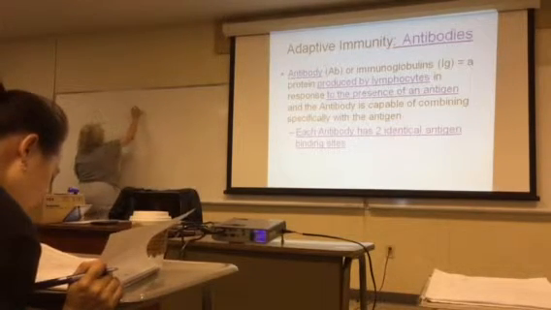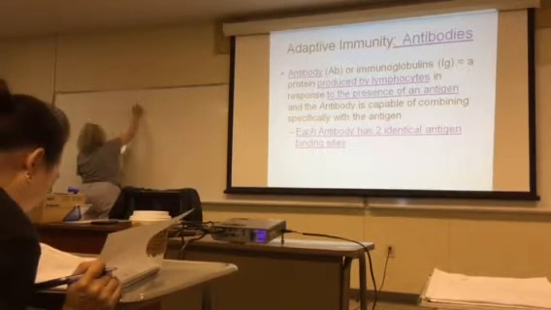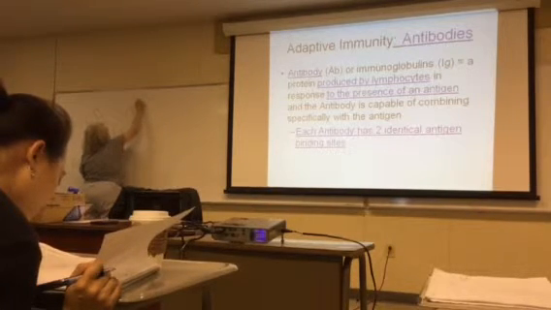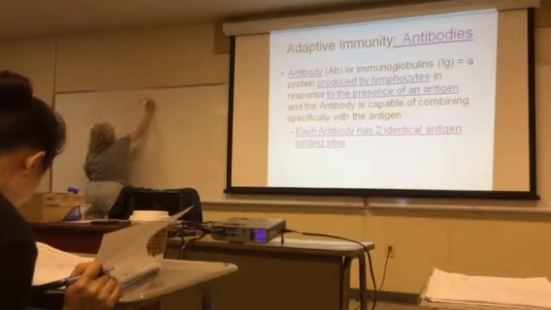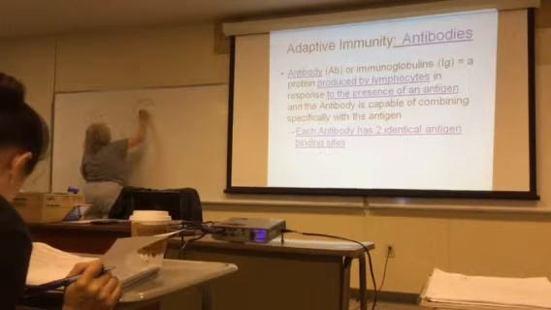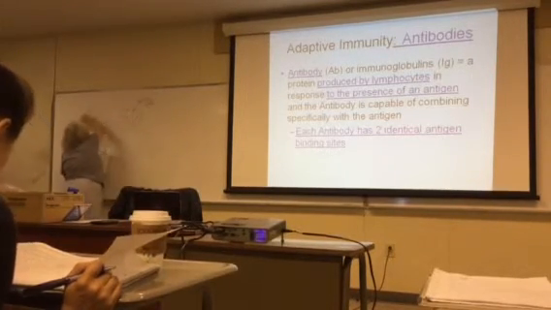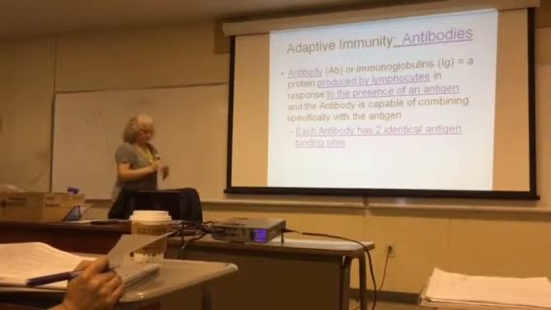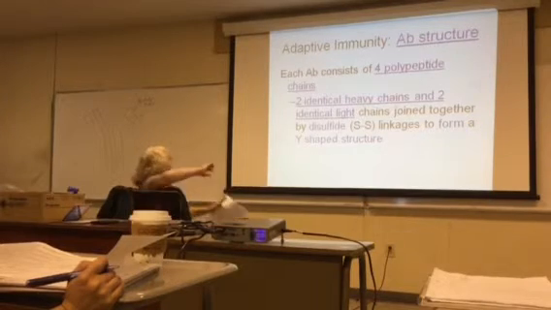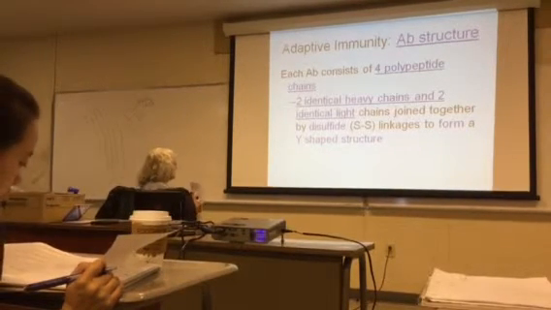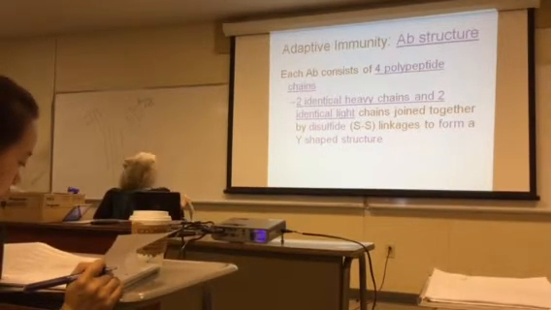There's your binding sites on the end. I'm reading over the notes. And over here as well. Each antibody consists of 4 polypeptide chains.